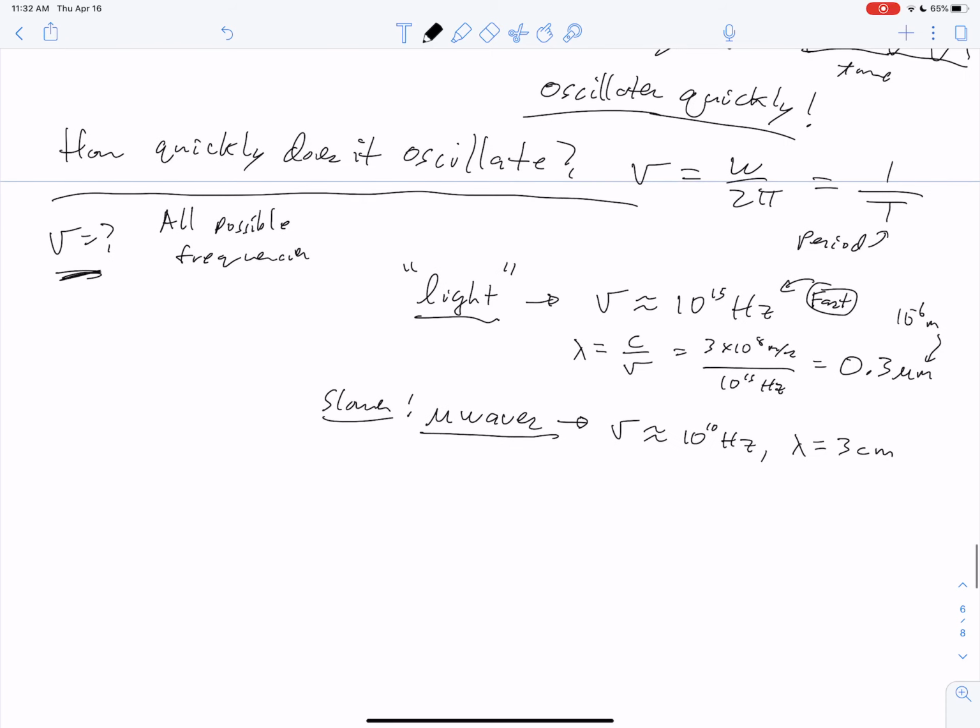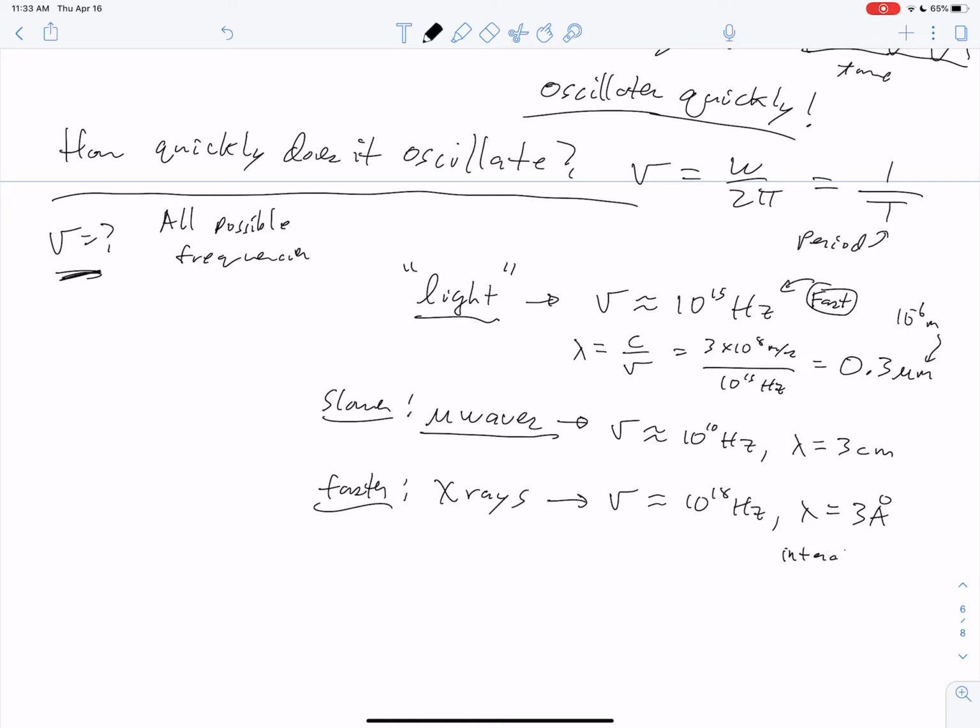But then there are other electromagnetic waves that are even faster than light. A faster one would be X-rays. X-rays are really fast. A typical frequency of an X-ray is 10 to the 18 hertz, which leads to a wavelength of 3 angstroms. That's a really small wavelength, and that's why X-rays are useful for telling us crystal structure, because the wavelength is on the order of the interatomic spacing.